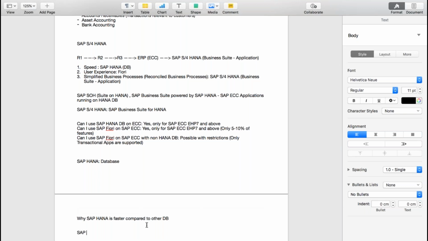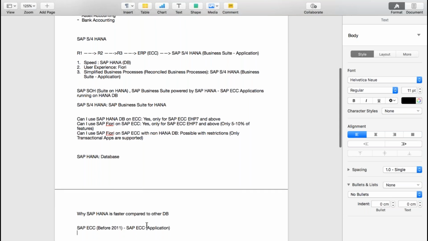If I'm using SAP ECC, any time before 2011, whenever any customer implemented SAP ECC, they used SAP ECC as an application. I think you know what is the R3 structure.